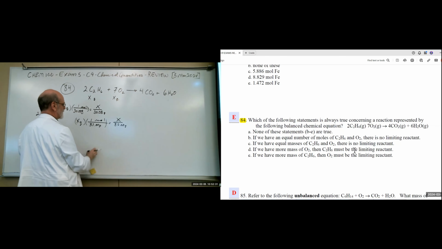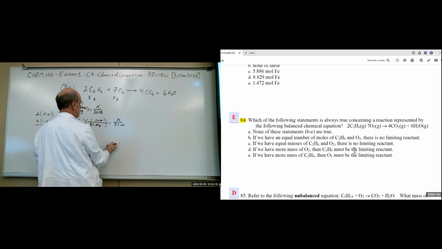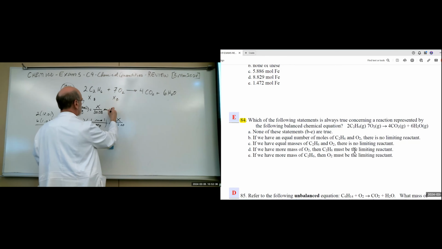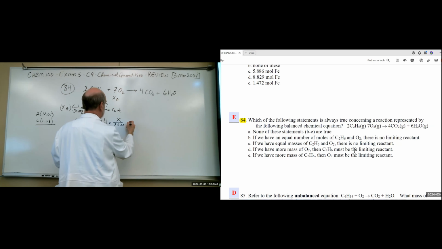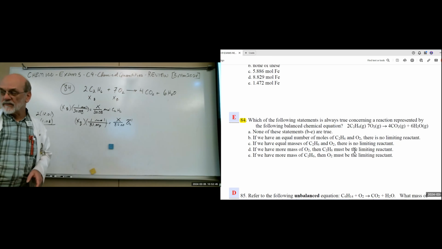This is the number of moles of C2H6, and this is the number of moles of O2. Okay, so we can compare the moles now.